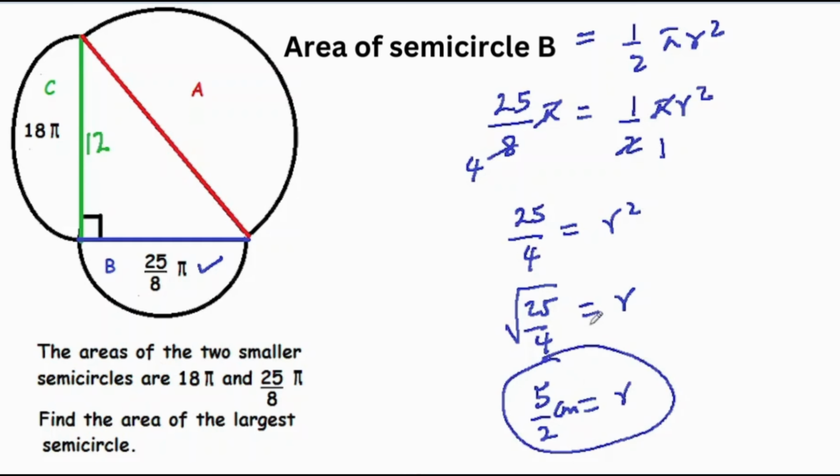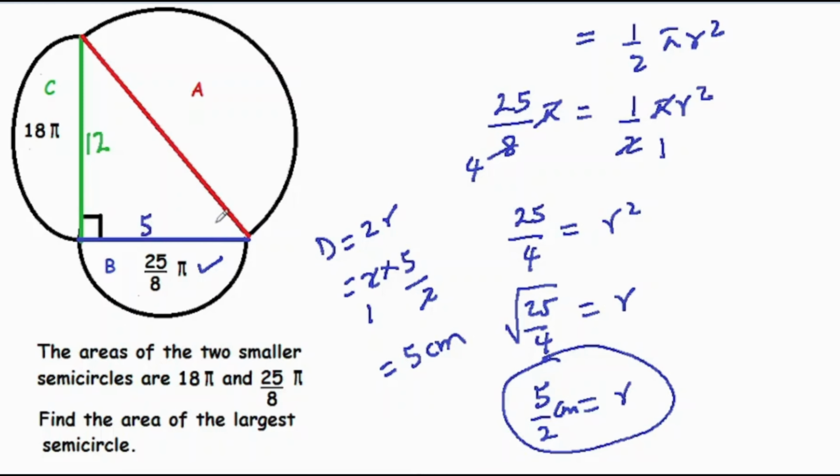But what about the diameter? Diameter is equals to 2r, and we have our radius to be 5 divided by 2. So 2, we cancel 2, then we're going to have 5 centimeters. So therefore, the diameter of semicircle B is 5 centimeters.